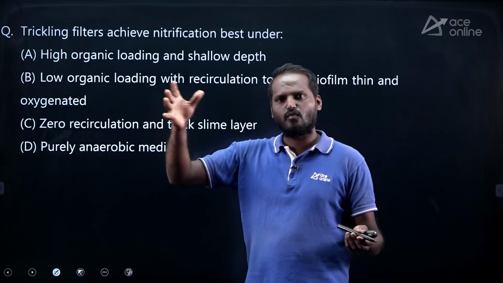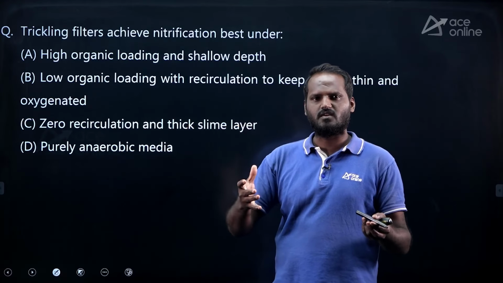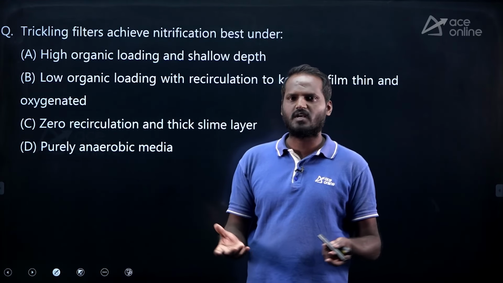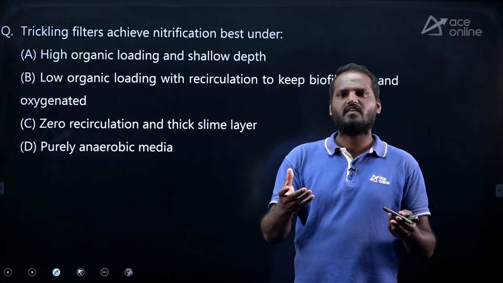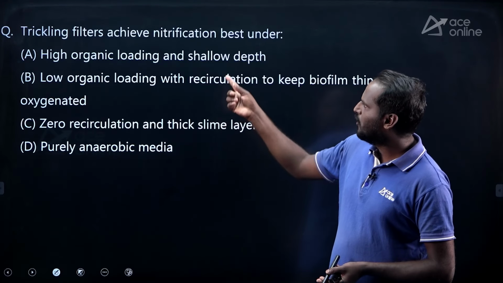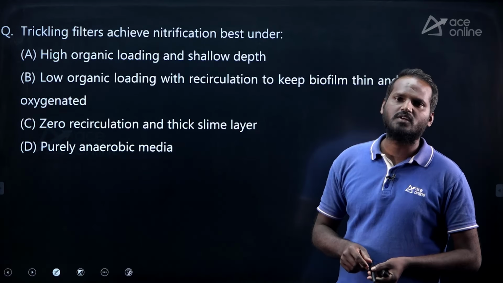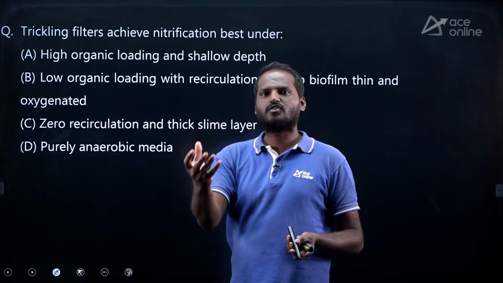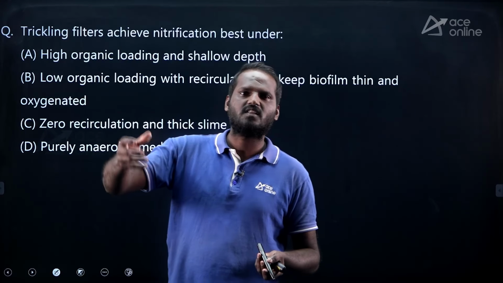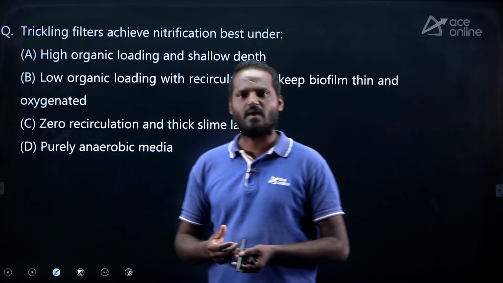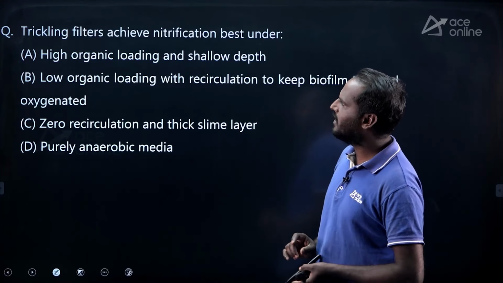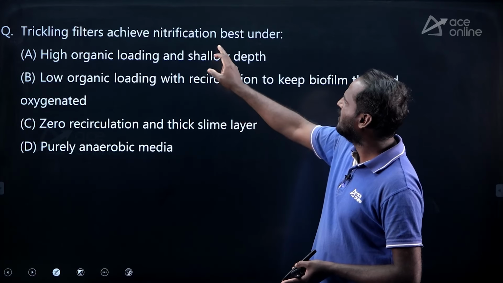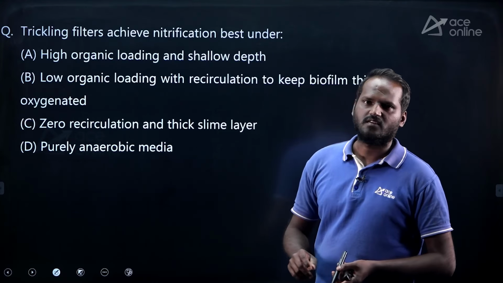If you are pouring heavily polluted water with a high organic load onto a shallow trickling filter, what happens? All the pores get clogged. No further efficient filtration happens, right? Therefore, option A is not good for best nitrification.